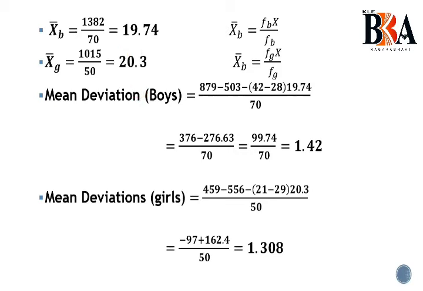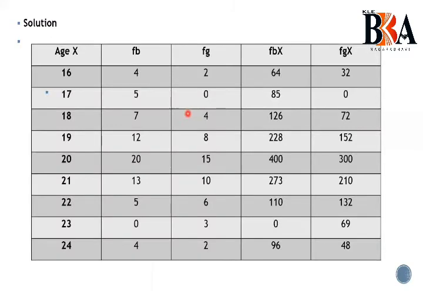So first, what is the boys' mean? That is 19.74. When you get this answer, you go straight into the table of boys. First you go for the frequency of boys. The 19.74 lies here, right?